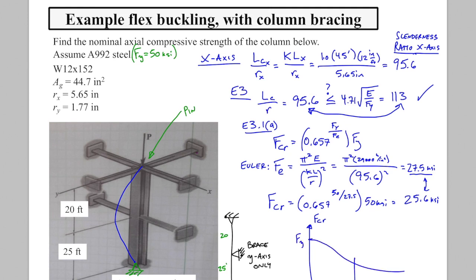Here's the 4.71 square root E over Fy. This is 113, but we're 90 something, 95. So we're really close. So the difference between these two equations, this is the Euler part, or I should say it's this one, Fe, and this is the one that we just used. There's not too much difference in this zone, so it's not too surprising.